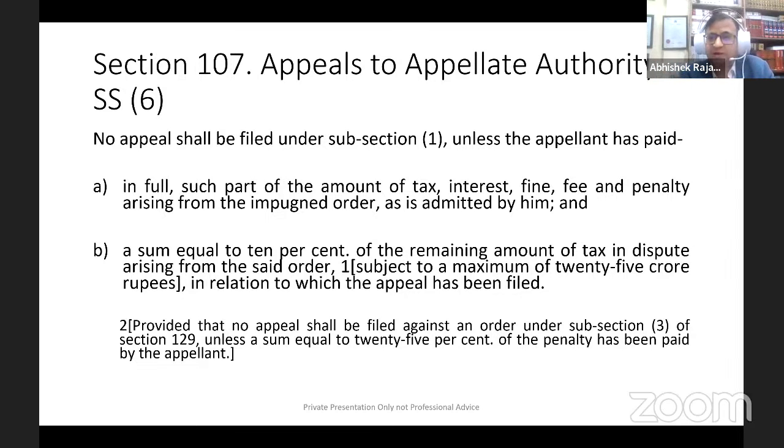You need not file a stay application in GST laws. That is in income tax, where you file an appeal and also file an application for stay. But you need not file a stay application in GST laws. Okay.